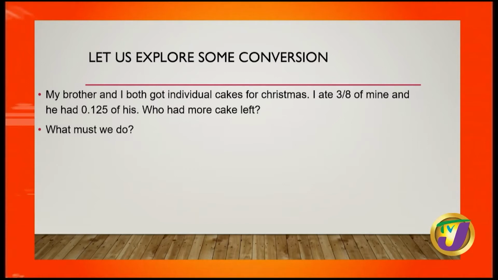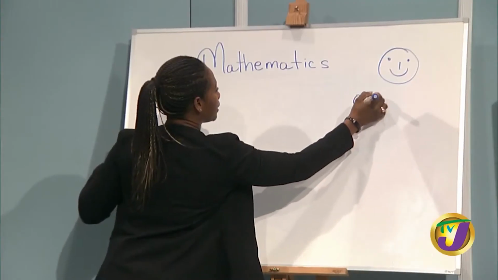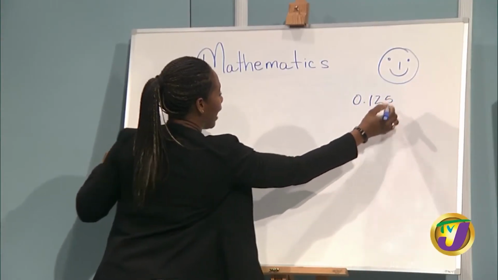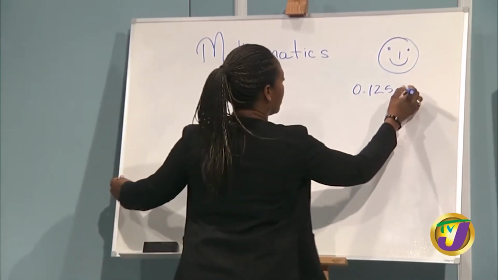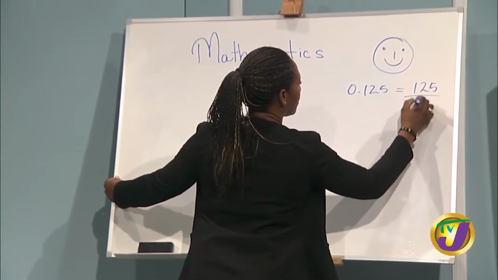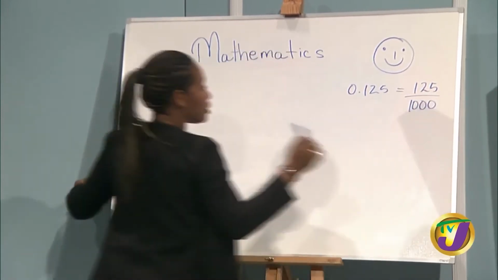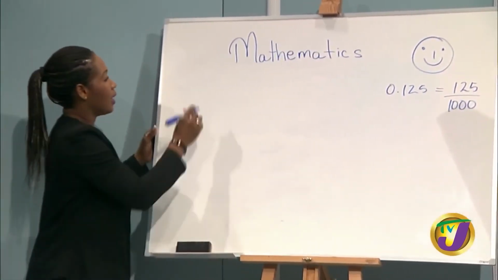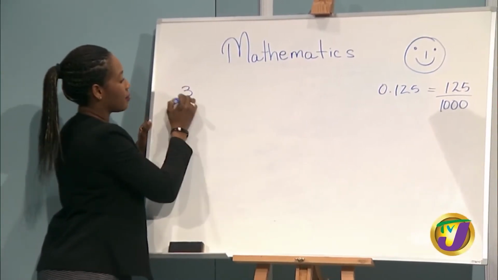So we already know that he had 0.125, and this is actually how we call it, 125 thousandths. All right? Now, 3/8.